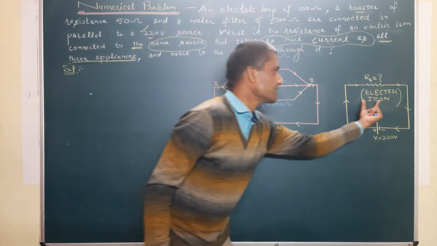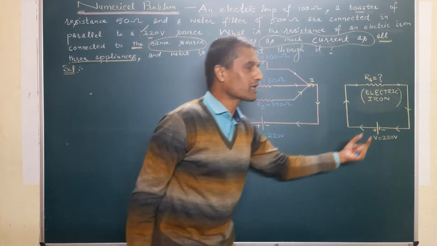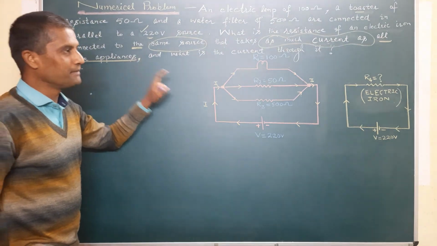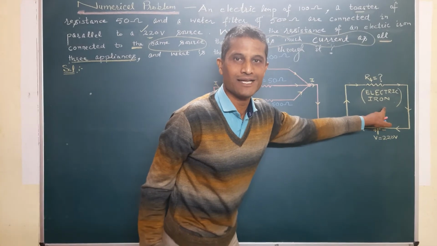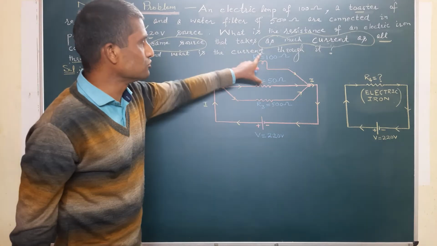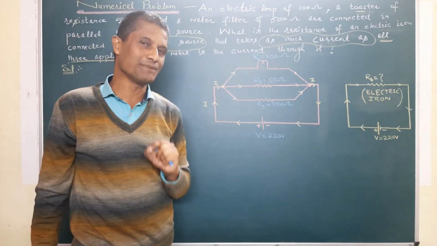The current taken by the electric iron will be equal to the current taken by all three appliances, means the same current will flow through the electric iron, the same current which has just traveled through the combination taken in parallel. What does it mean?